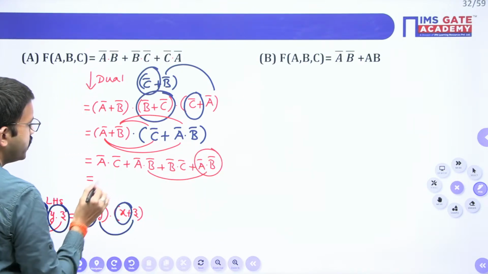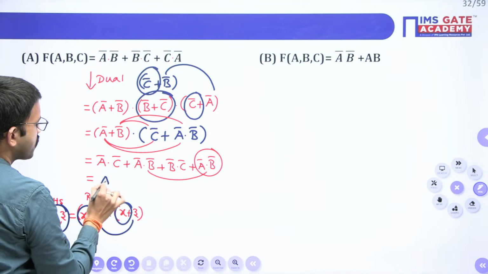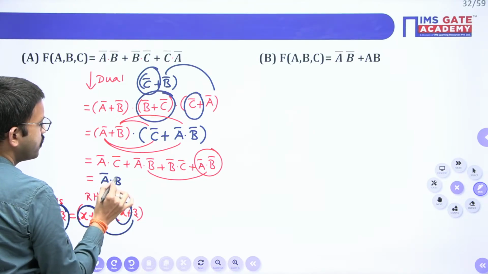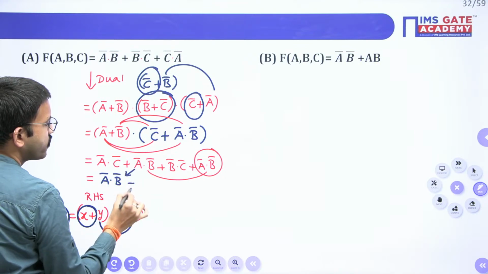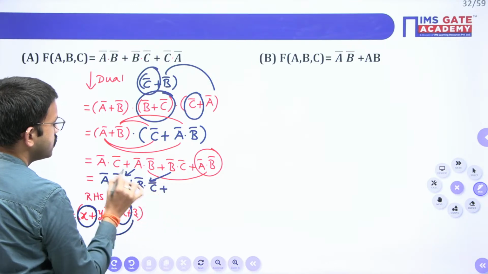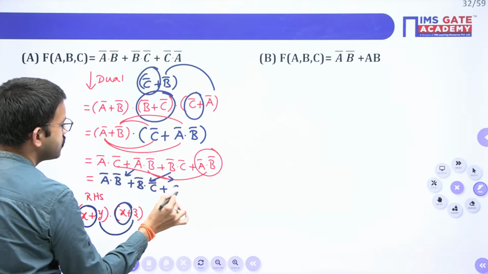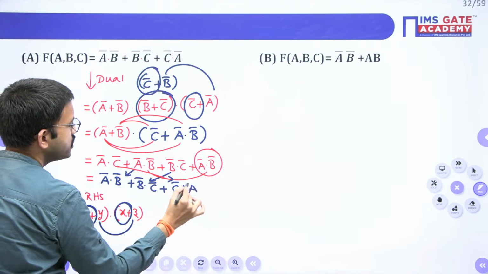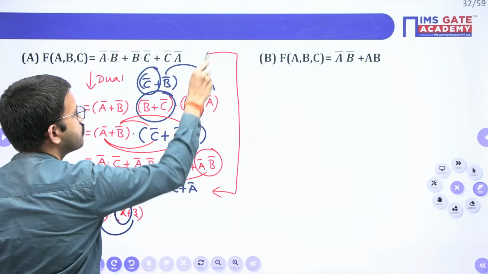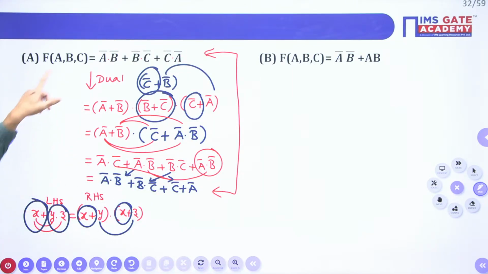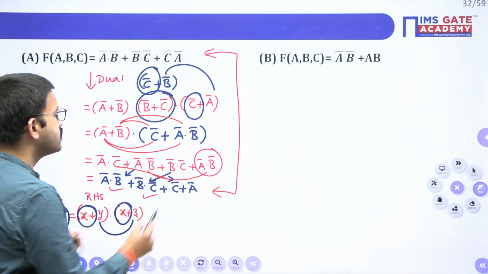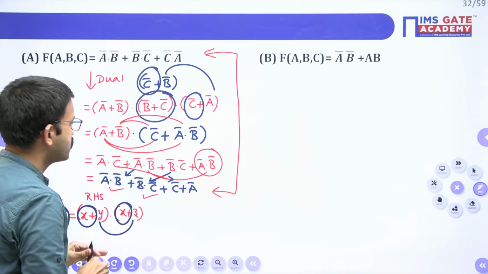Now you will get a bar b bar as the first term, then b bar c bar, then c bar a bar. Now just observe the given function and the dual function, whether both are same or not. A bar b bar, yes, a bar b bar, then b bar c bar, b bar c bar, c bar a bar.